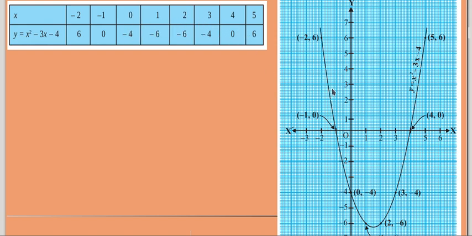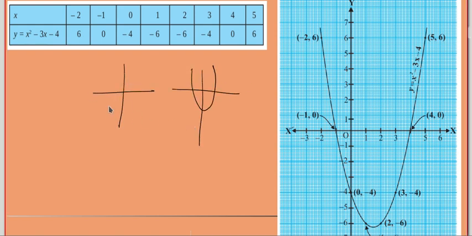If we plot the graph, it is a quadratic equation, so we will get a parabola. The curve may come like this, or otherwise the curve will come downward also. So the graph of a quadratic polynomial will be either an upward curve or a downward curve. This parabolic curve we will get.